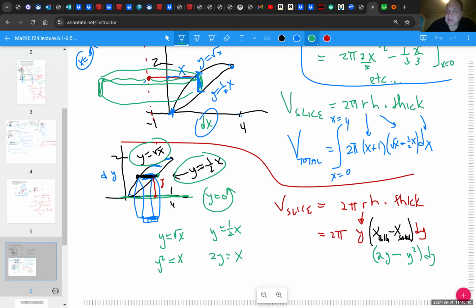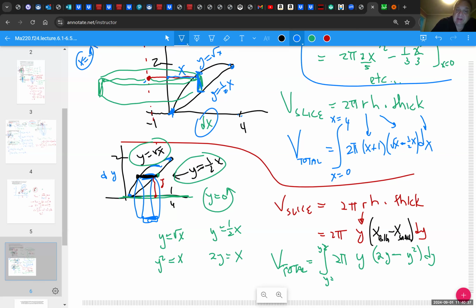We still have our dy. We still have our y. We still have our 2 pi. If we integrate this over all possible y values, then we get the total volume. So the total volume is equal to this. We just have to find all the possible y values of our region. So our region goes from down here all the way up here.